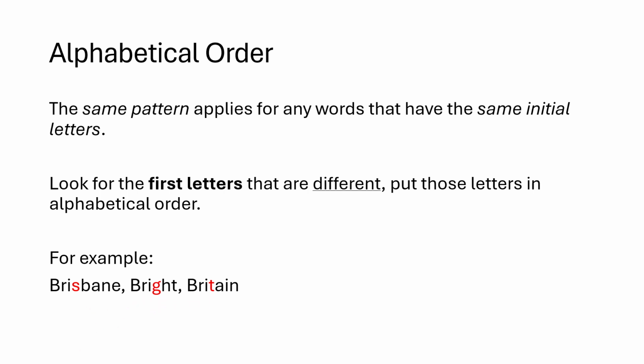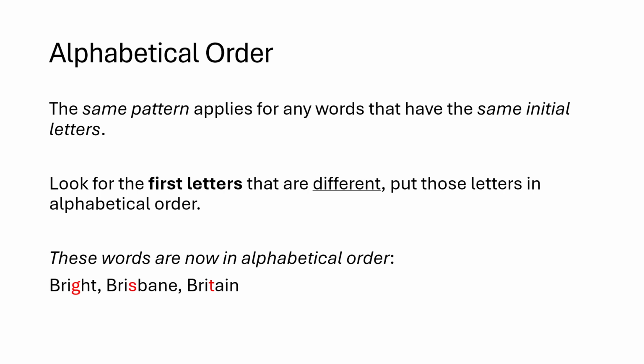Use these letters to order them alphabetically. Each of these words begin with B-R-I. By looking at the fourth letters, we can see that G comes first, followed by S and T. These words are now in alphabetical order.